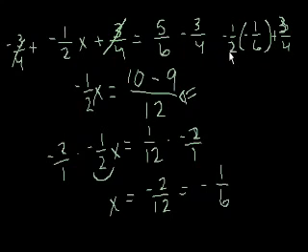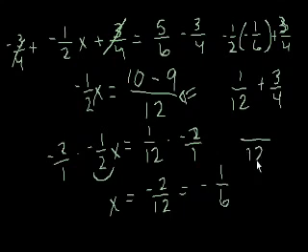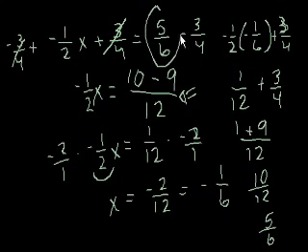So minus 1/2 times minus 1/6, well, that's positive 1 over 12 plus 3/4. Well, that's the same thing as 1 over 12 plus 9 over 12. 1 plus 9 is 10 over 12, and that is equal to 5 over 6, which is what our original problem was. So the problem checks out.